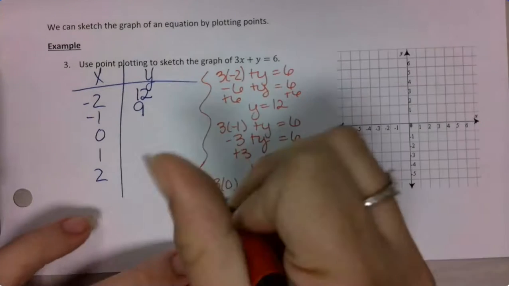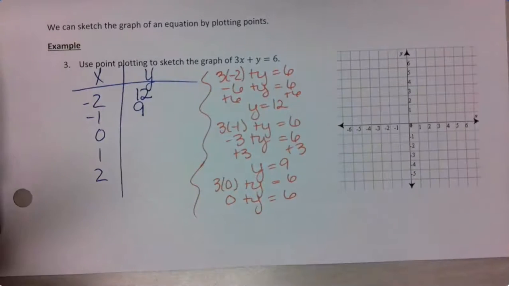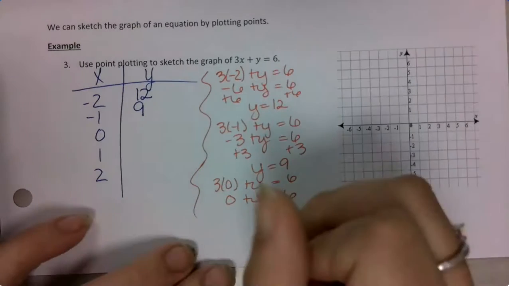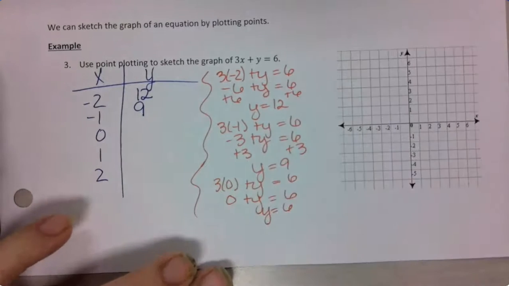So 3 times 0 is 0. And then 0 plus y is just the same thing as y. So this one is 6.